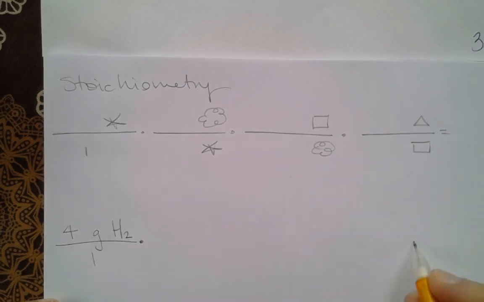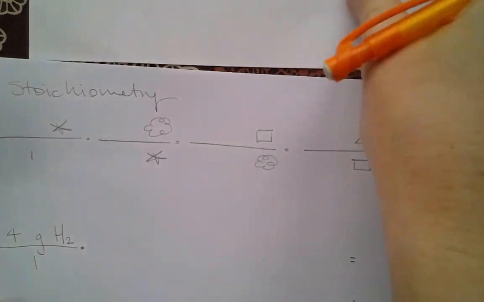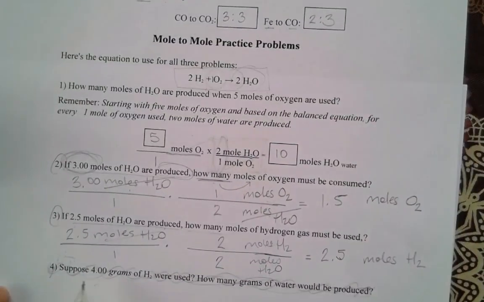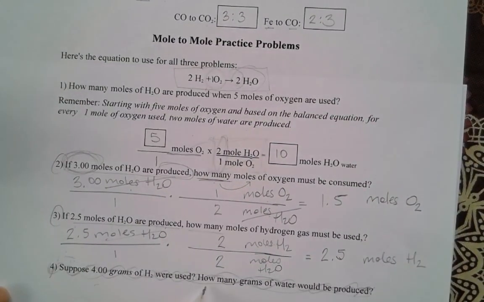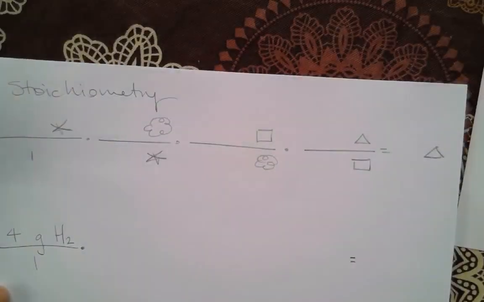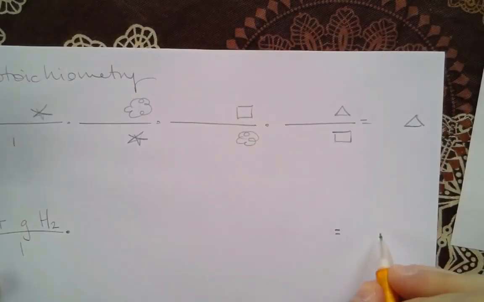All right, and what are we solving for? Suppose 4 grams of H2 were used. How many grams, so we're solving for grams, of water would be produced? Okay, so we're going to solve for grams of water.